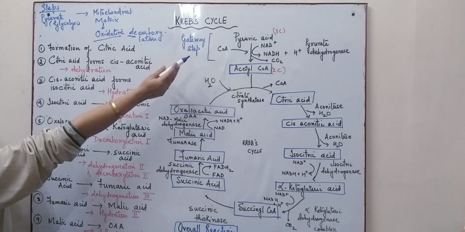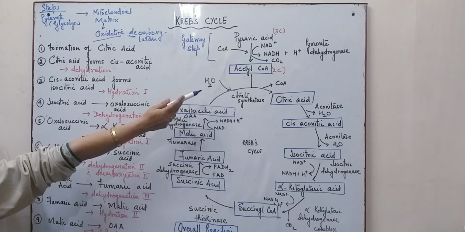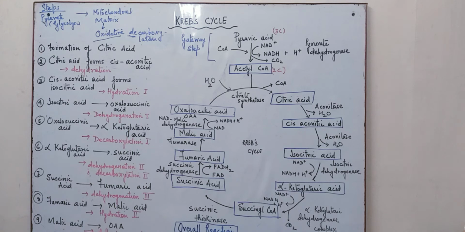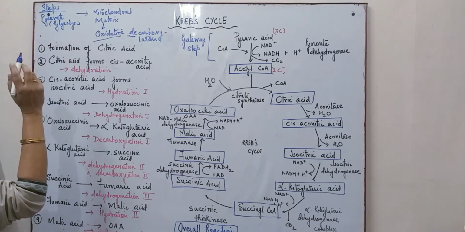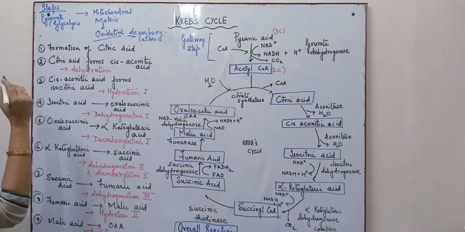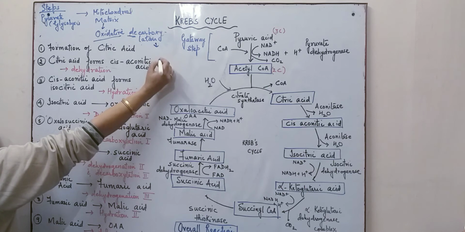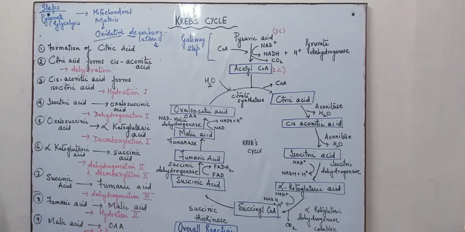This step, from pyruvic acid to the formation of acetyl coenzyme A using pyruvate dehydrogenase, is the most important reaction, and there are five essential cofactors for it: thiamine pyrophosphate, magnesium, NAD+, coenzyme A, and also lipoic acid.